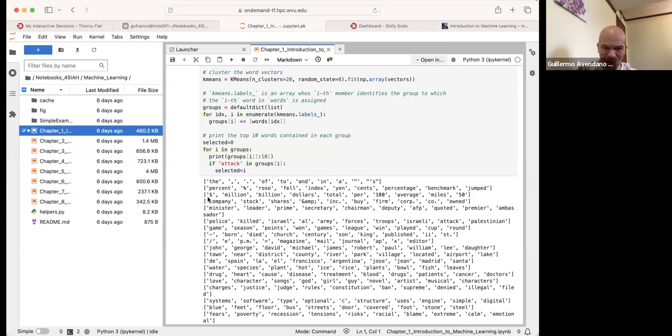They have some commonality. So if you pick one, for example, this one here, you see that all those words are related: company, stock, shares, Inc., buy, firm, corp, own, all those kind of relate to businesses of some sort. On the other side, you can see here Spain, Francisco, Argentina, Jose, Madrid, Santa, those are Spanish words.